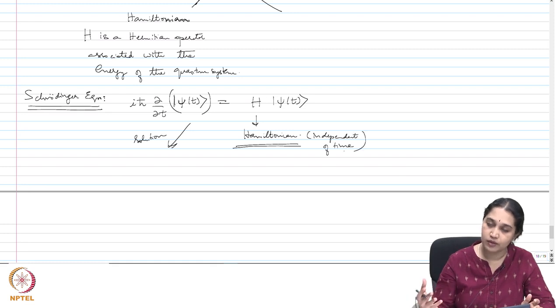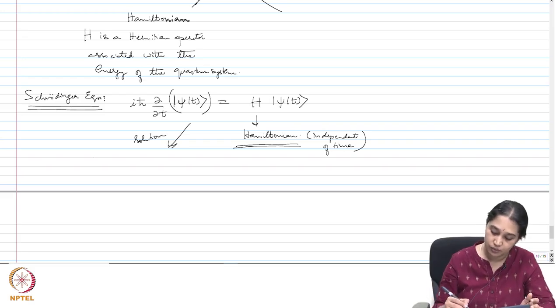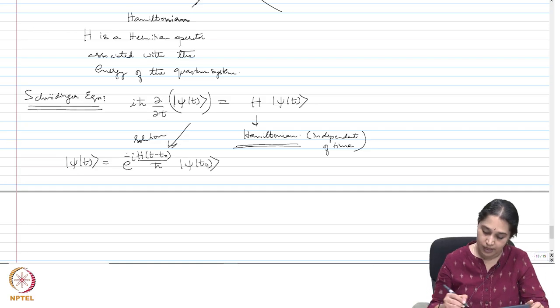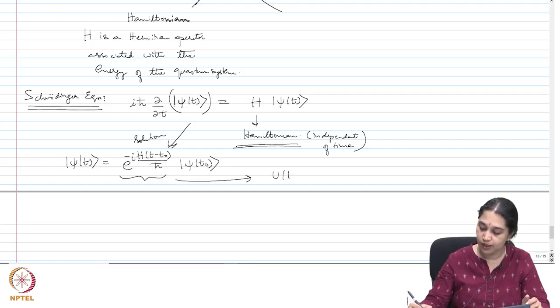We are not going to dwell on this aspect much in this course, but I just want to mention that the solution to this equation essentially looks like this: the state at time t is given by the exponential of the Hamiltonian operator times (t minus t naught) over h bar, and this exponential of the Hamiltonian is what becomes the unitary time evolution operator.